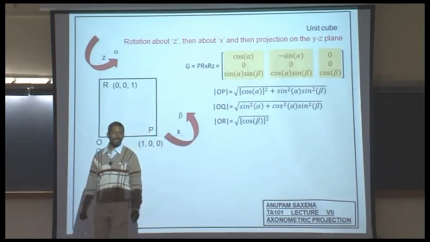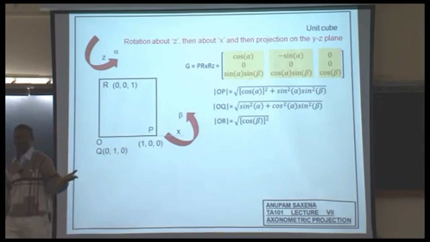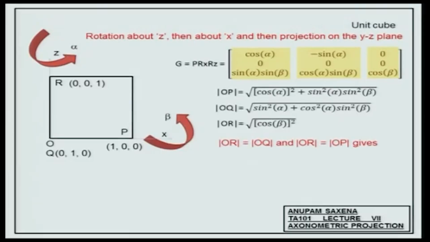Okay? How many equations? 2? 3? 2? How many unknowns? So if I say that OP equals OQ and OR equals OP, I should be able to solve for alpha and beta. How many solutions do you expect?